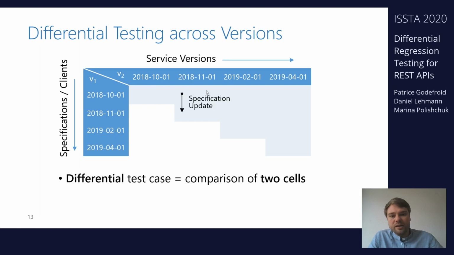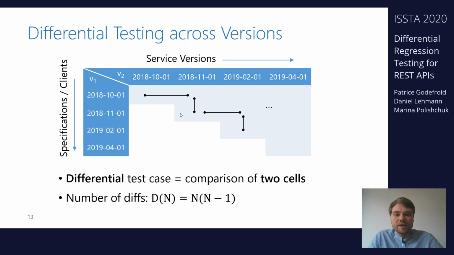And the other direction is where the targeted service stays constant, but we compare the behavior on old requests, or requests from the old specification, versus requests from the new specification. And this means in total we have to test each combination of adjacent cells in this matrix, and this again gives us roughly n² number of diffs.